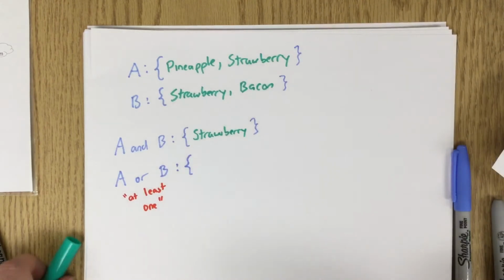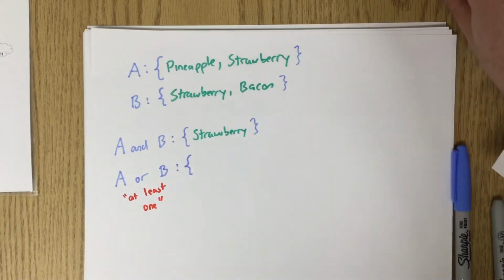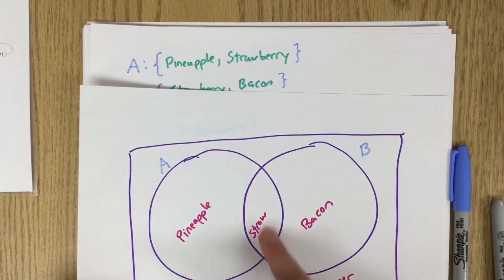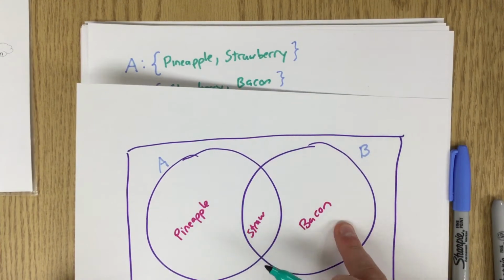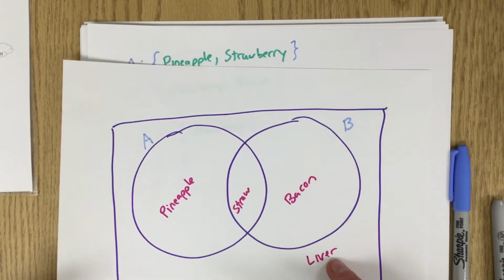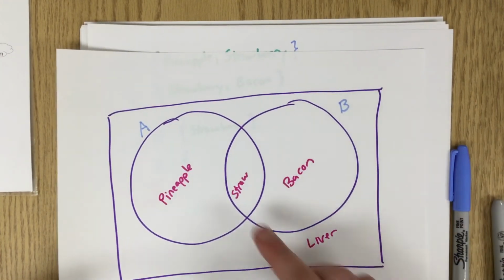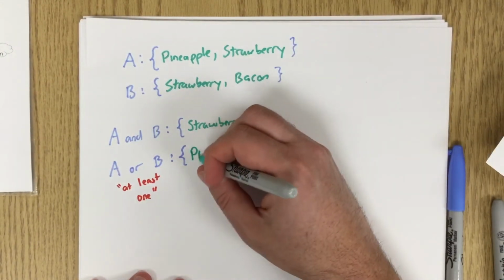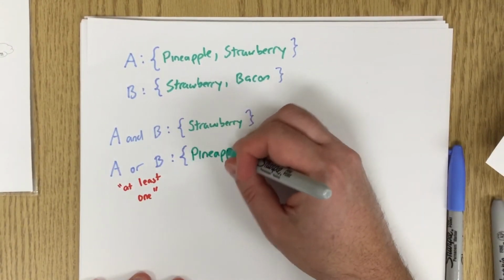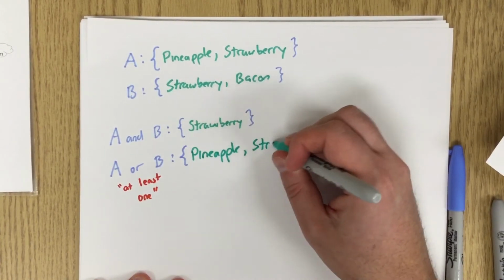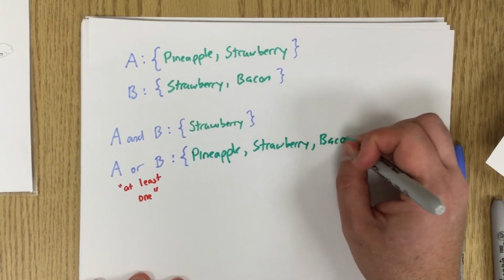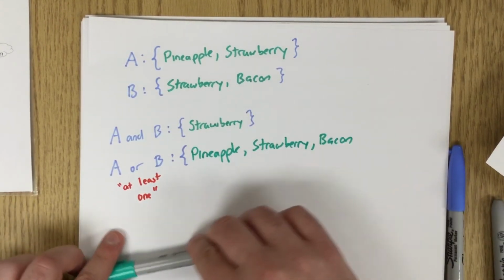And that's the definition of A or B. So, looking at A or B, pineapple is in A. Strawberry is in both of them. Bacon's in B. Liver isn't. So it's pineapple, strawberry, and bacon.